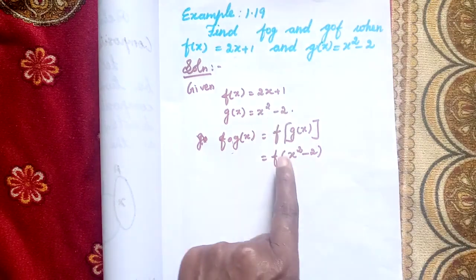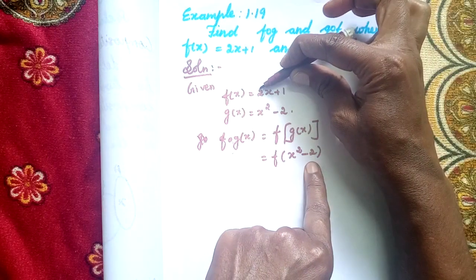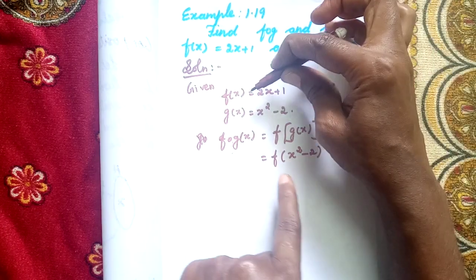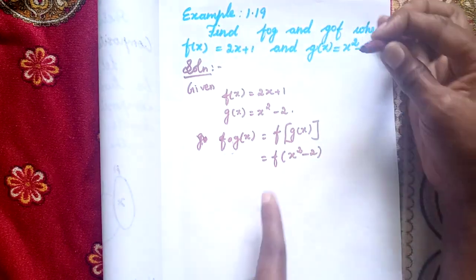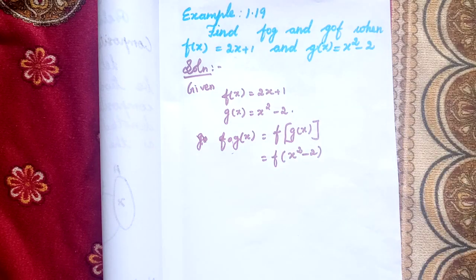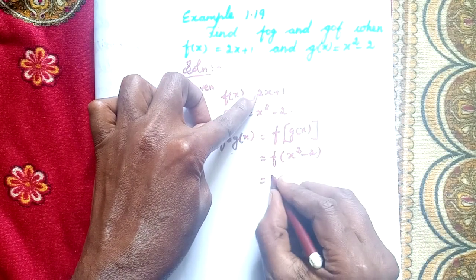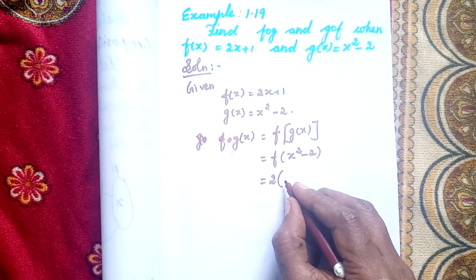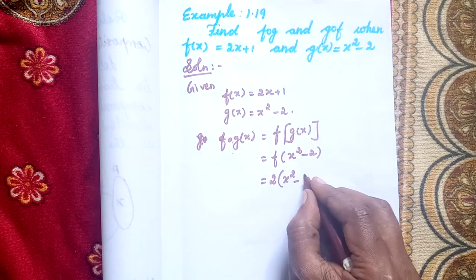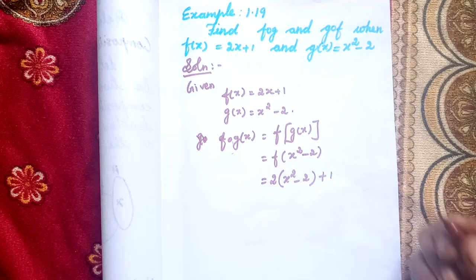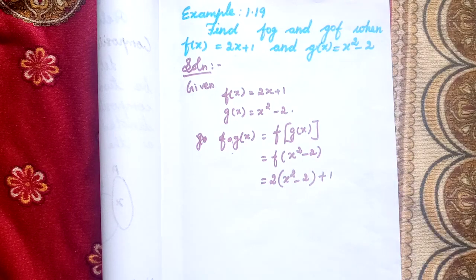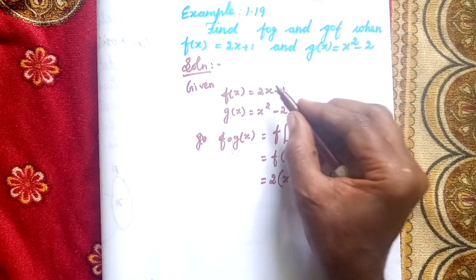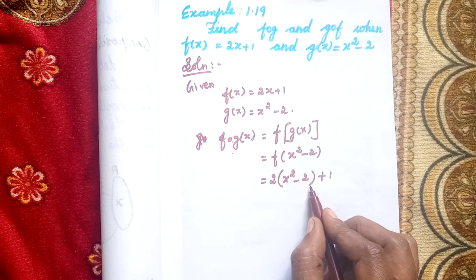Next, f of x square minus 2 means 2 into x square minus 2, plus 1. Have you understood this? f of x means 2x plus 1, f of x square minus 2 means 2 into x square minus 2 plus 1.